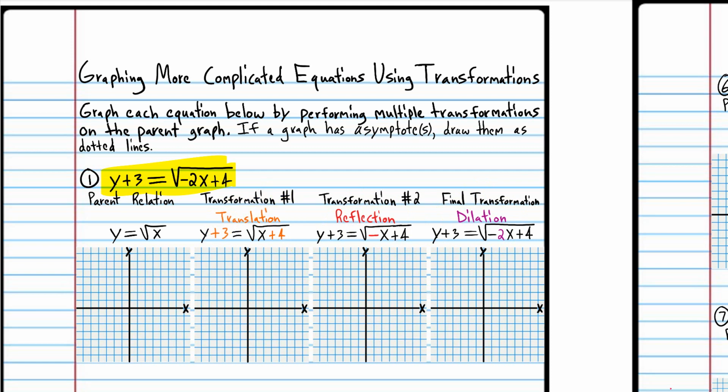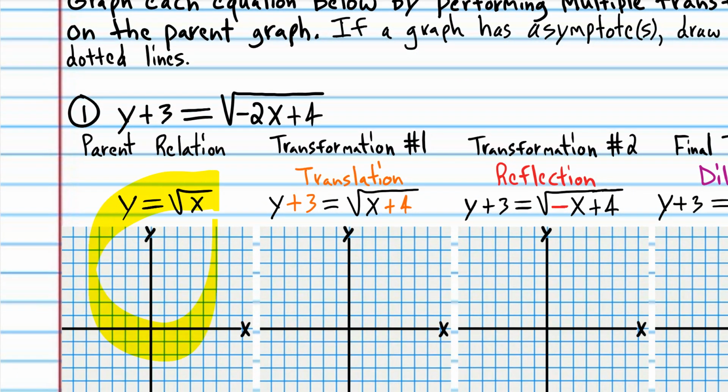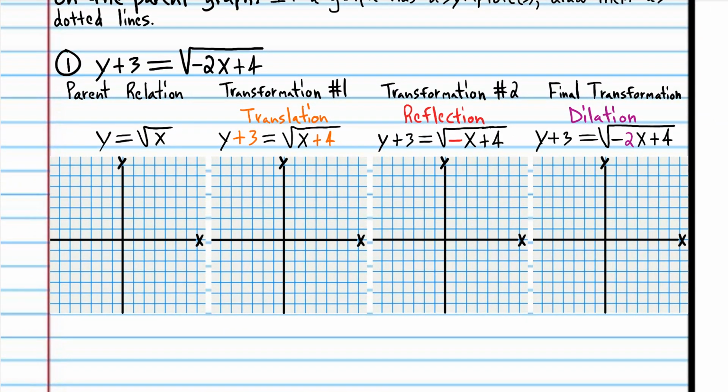So we're graphing more complicated equations. Now, as I mentioned, rotation is really not covered much traditionally in the math curriculum because the math gets a little tedious. So you don't have to worry about that. Now, what we're going to do is we're going to start with the parent graph and the parent equation, and then we're going to transform and modify the equation.